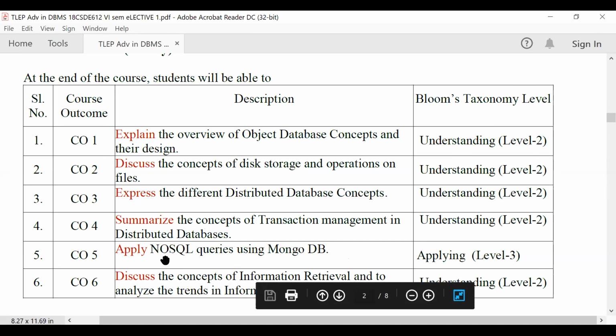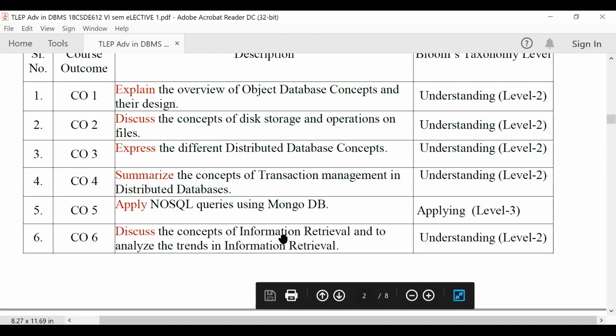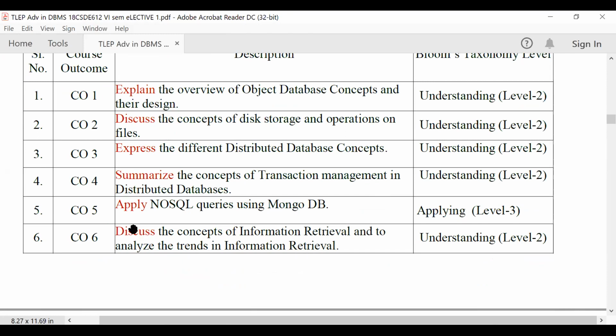Theoretically we will be studying the concepts, and then we will apply them on the NoSQL and MongoDB open source software. So we are going to create some programs, so it is in applying level 3. Your sixth CO statement is based on information retrieval and trends in information retrieval. Here we are going to discuss. The discuss keyword is in level 2, understanding level.